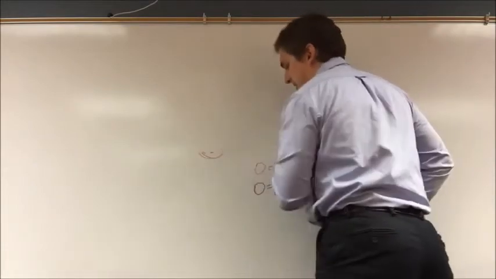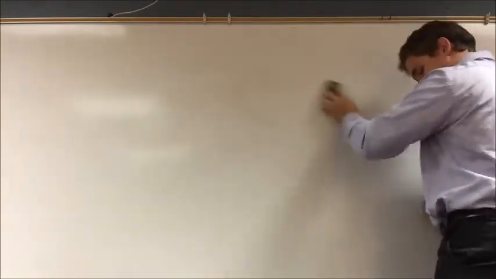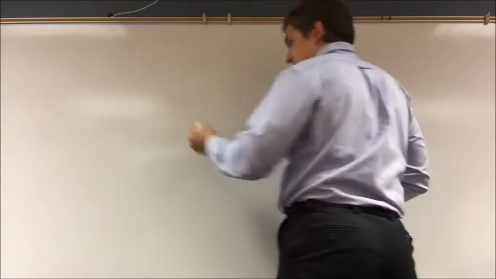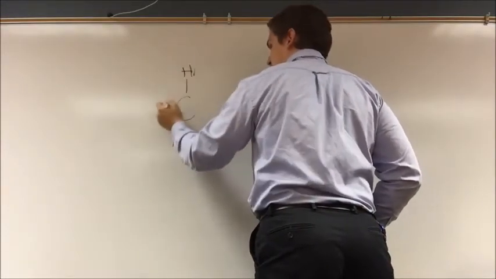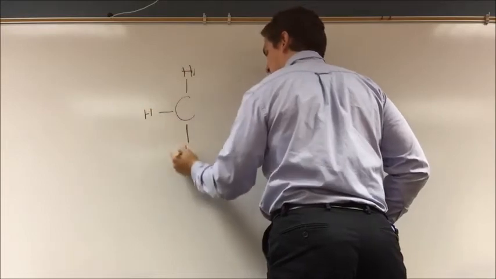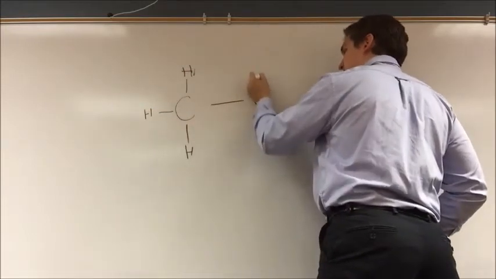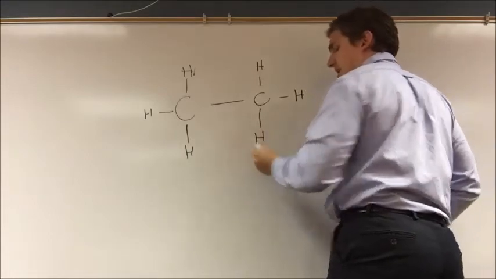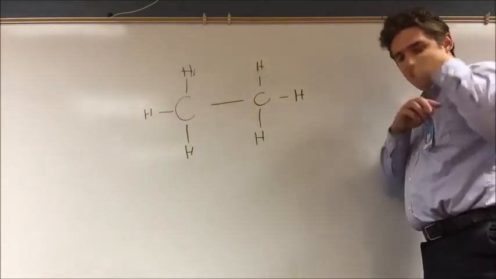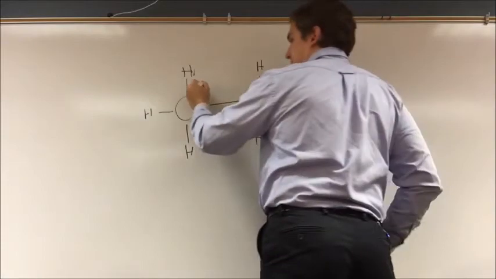So let's draw the structure now of ethane. In this case, both carbons have the same oxidation state, so we're only going to worry about one of the carbons. We're going to draw our circle.